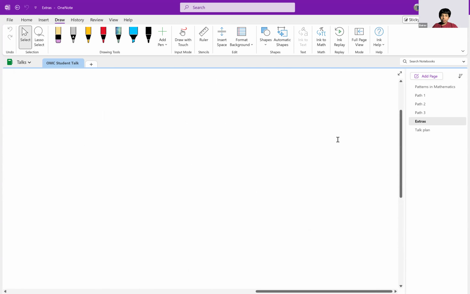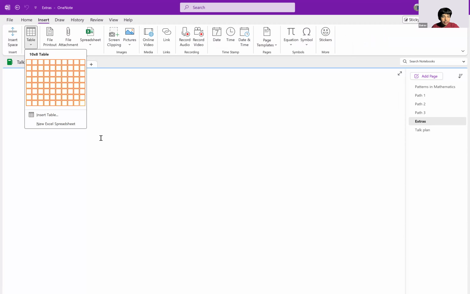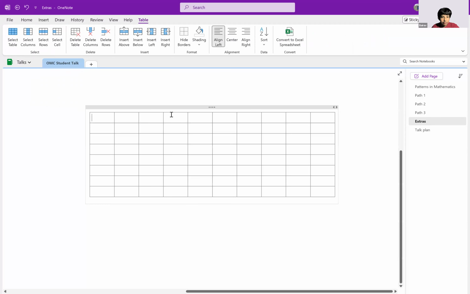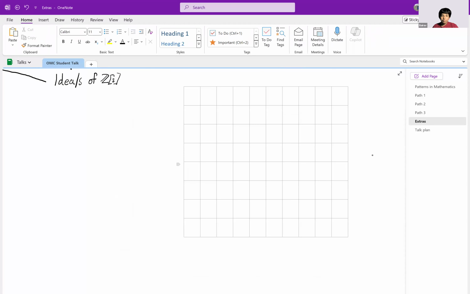So suppose we have an infinite chessboard, which I'll model with a table. So here we go. Infinite chessboard.